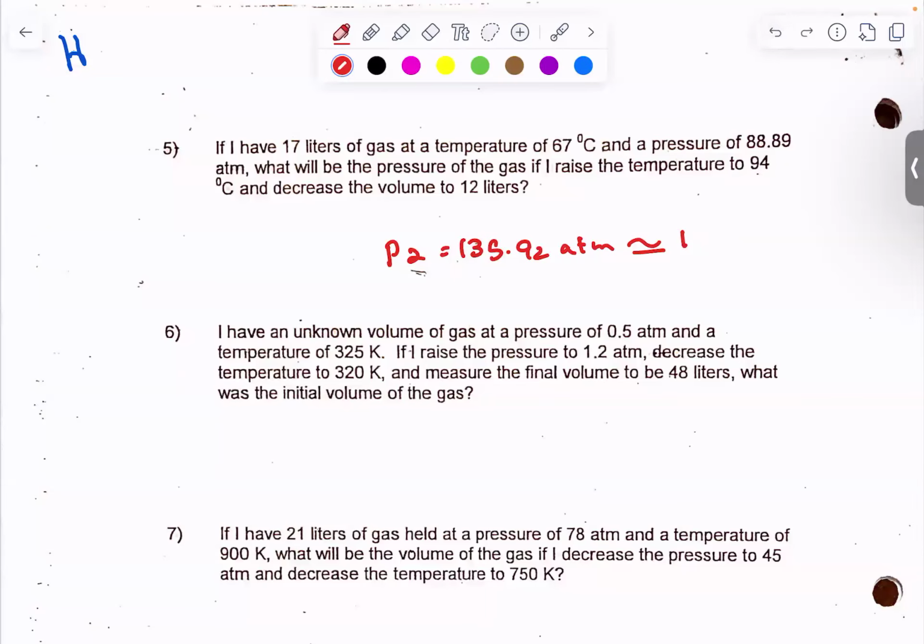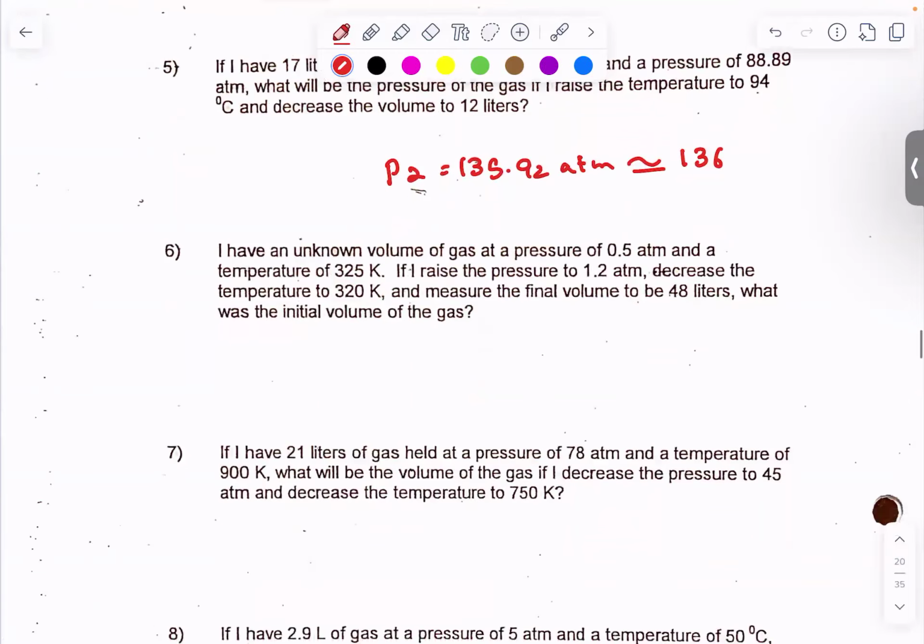And if I write in terms of significant figures, let's suppose three significant figures, then it would be 136. Yes. Okay, good.